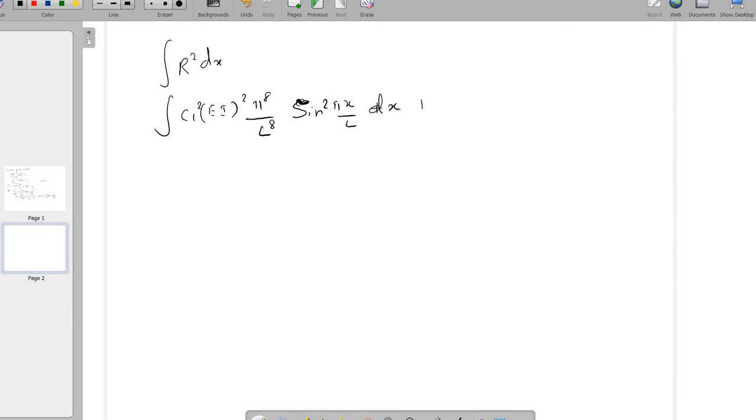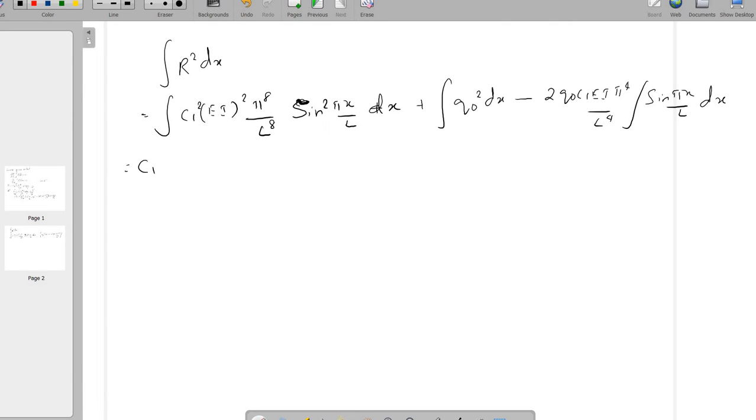So it is an integration function and I am separating each function. Q naught square dx minus 2 Q naught C1 EI pi power 4 by L power 4 integration of sin pi x by L dx. So I am separating each term.